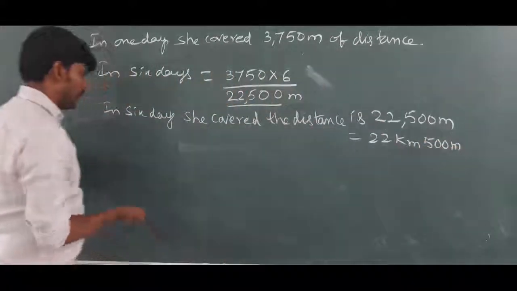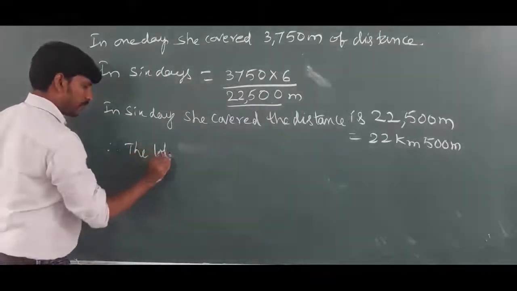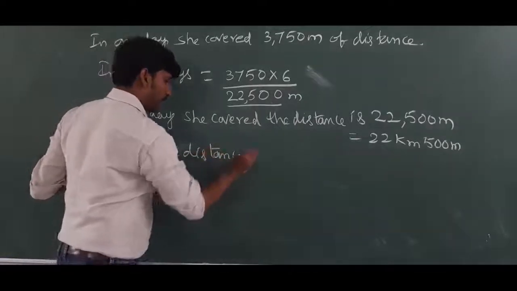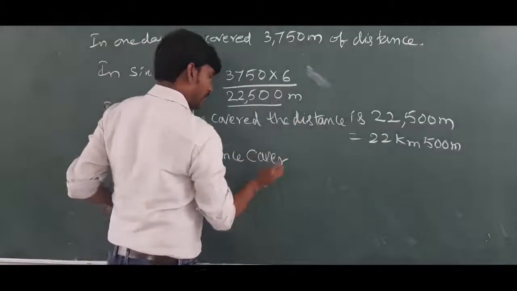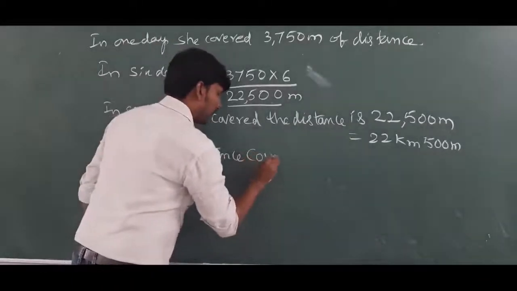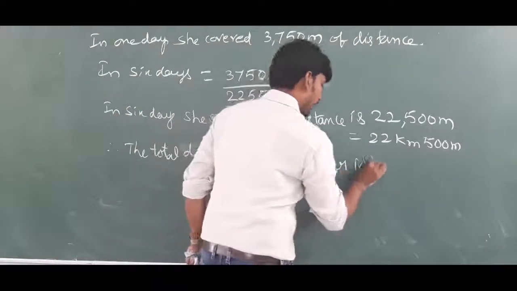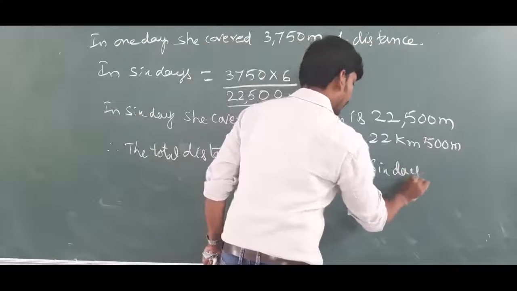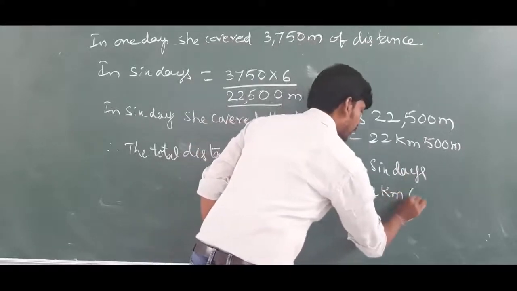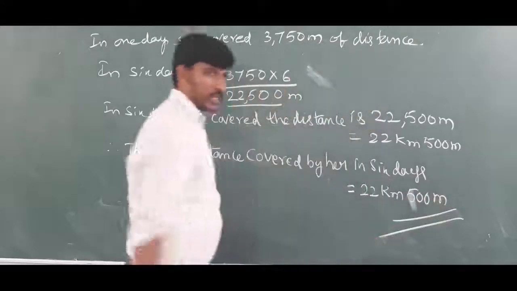So the total distance covered by her in 6 days is equal to 22 kilometers 500 meters. Right, children? Copy this.